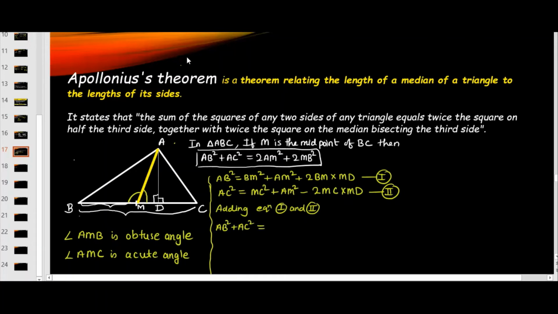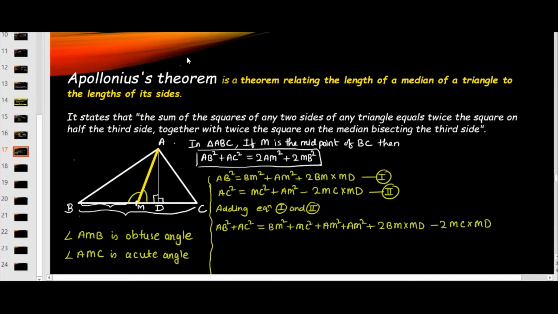On the right side, we have to add all of this. So let us write this: BM square plus MC square plus AM square plus AM square plus 2BM multiply MD minus 2MC multiply MD.